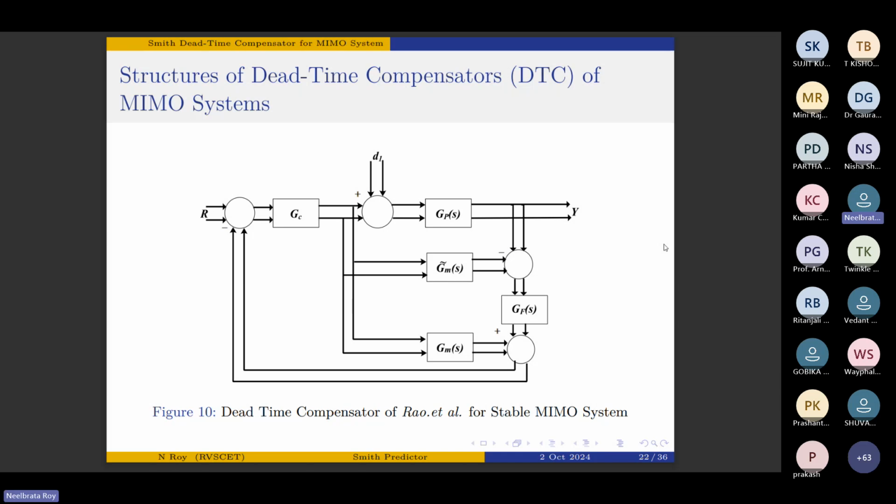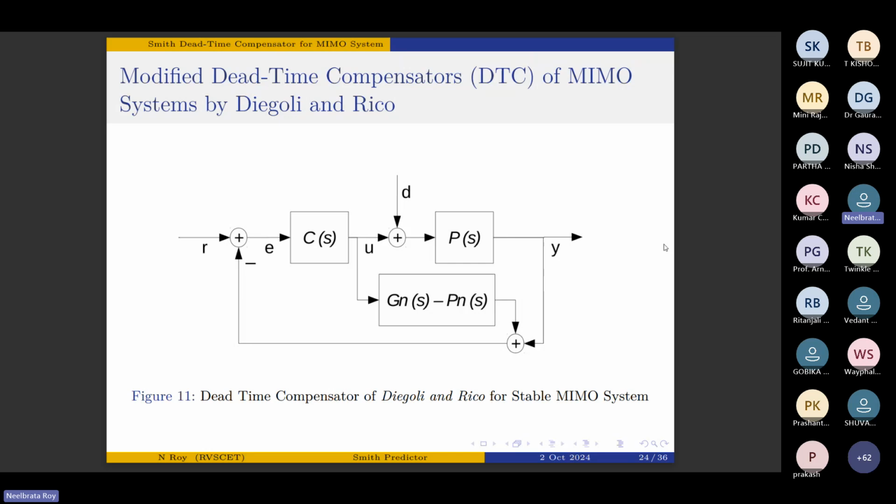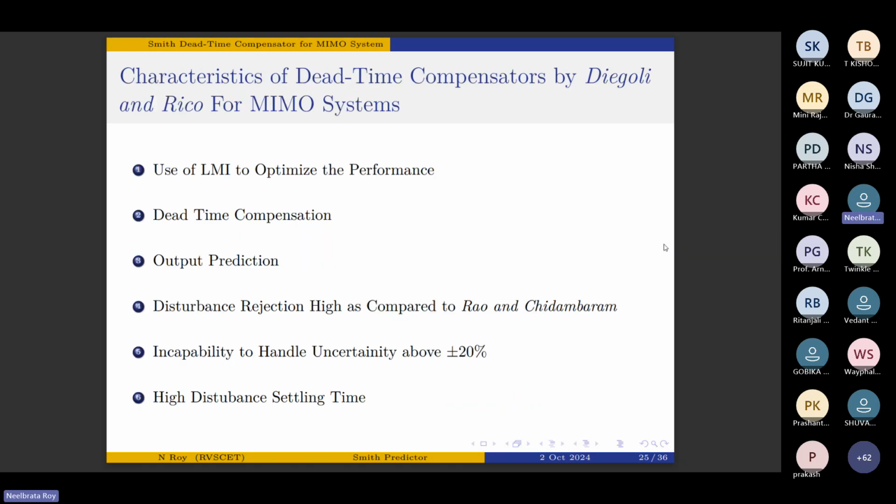So to overcome this, there is one more dead time compensator proposed by Digoli and Rico. This is more or less the same as the Chidambaram and Rao method. The only change they have made is that they have used linear matrix inequalities to design the controller and minimize the square error. Here also, only two properties of the Smith predictor are satisfied.